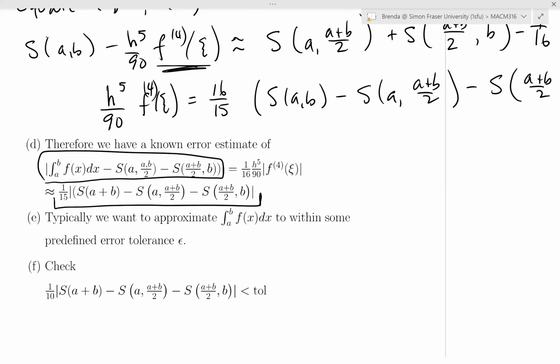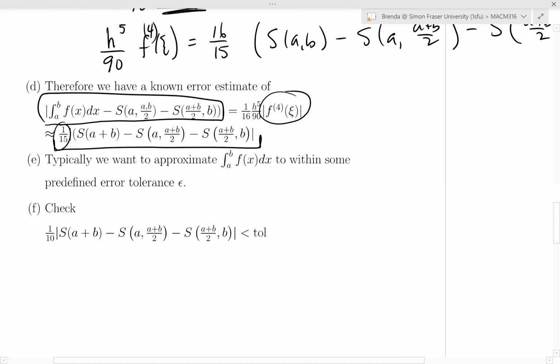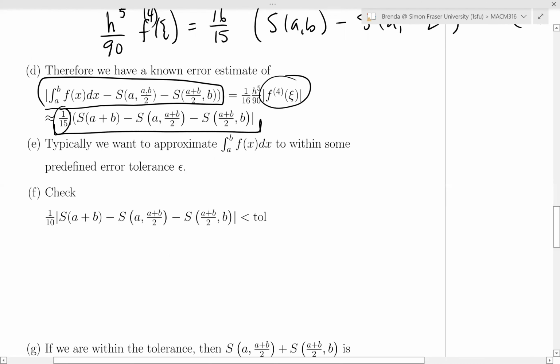I do not need the derivative now. I've eliminated this guy right here. Okay, so this is an effort to get a sense of how much error I actually have. I noticed this number here of 1/15. And then you're going to notice that magically this changes to 1/10.